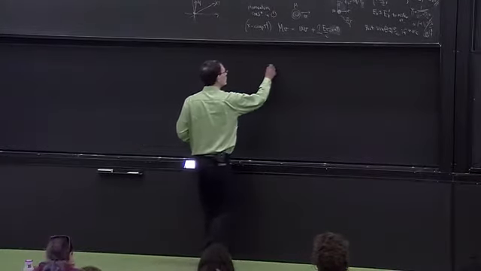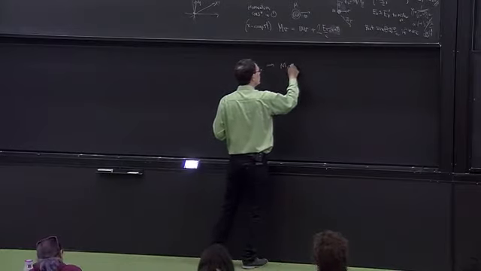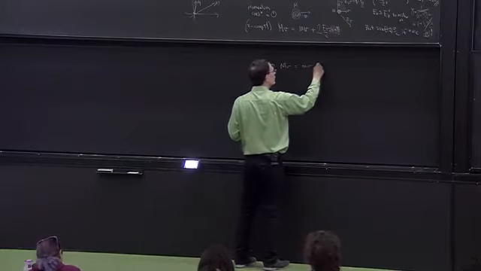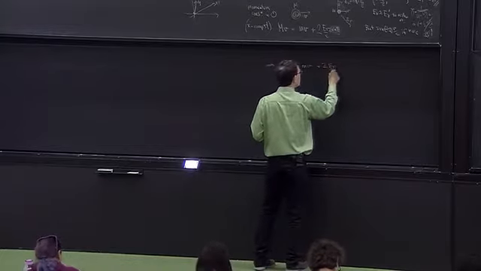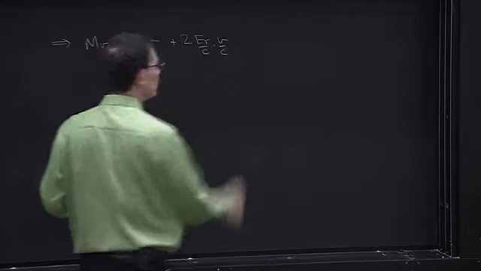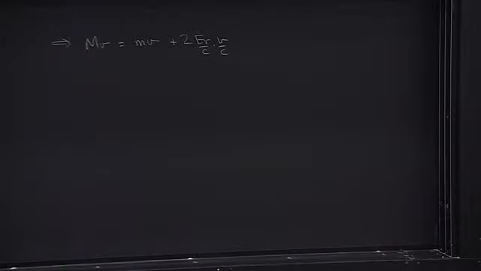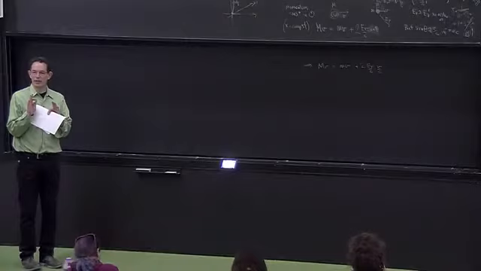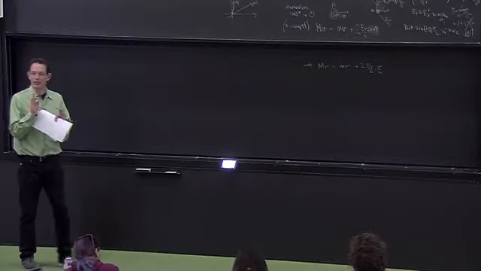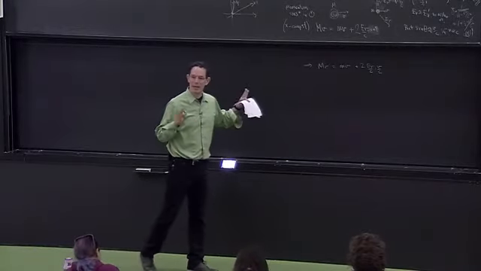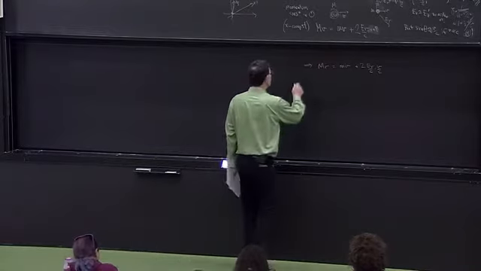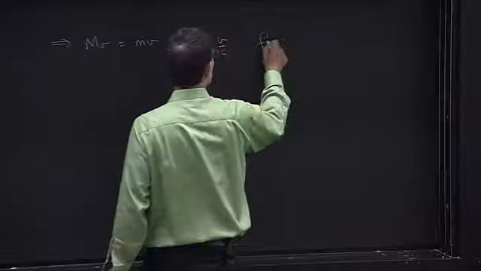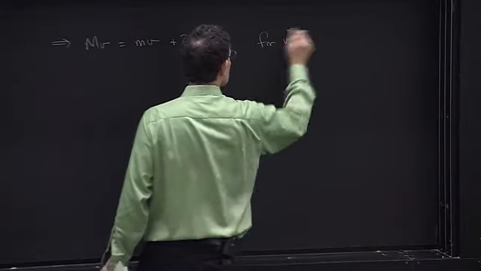So we get Mv equals little mv plus 2 E gamma over c times v over c. And this formula should be true for arbitrarily small v. Right? It doesn't matter how small v is. This has to be true if momentum conservation is true. OK, this is for v much less than c.